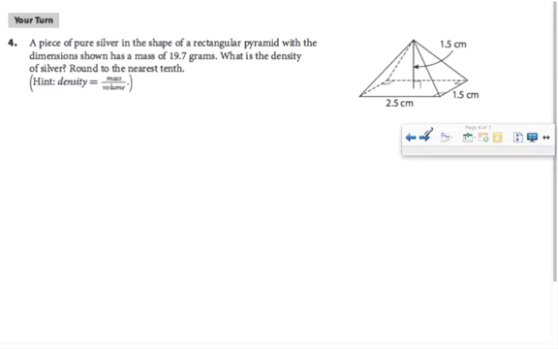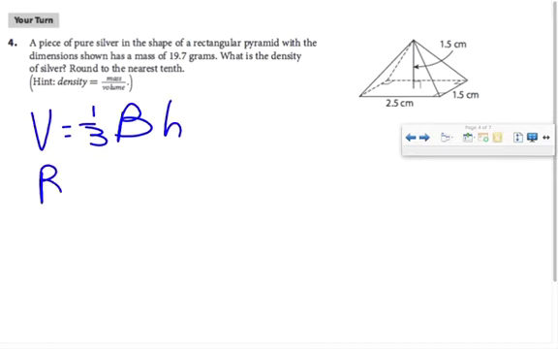Similar example, I have a piece of pure silver in the shape of a rectangular pyramid, and I'm trying to find the density of silver. We're told the mass of this pyramid, and we're going to take the mass divided by the volume in order to find density. So volume is 1/3 base area times height.